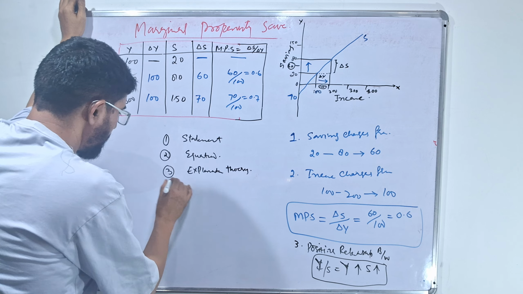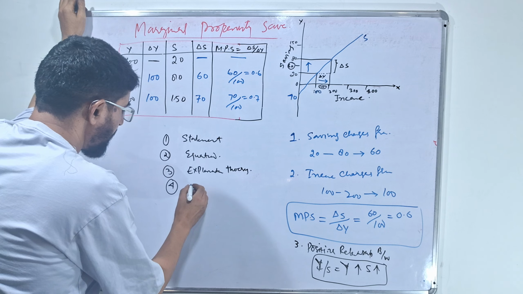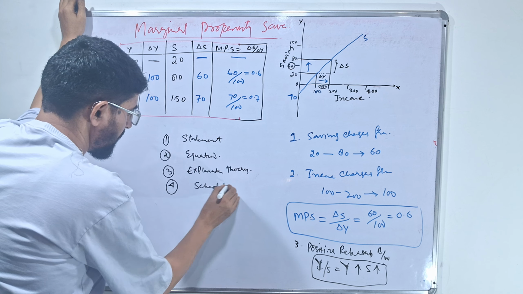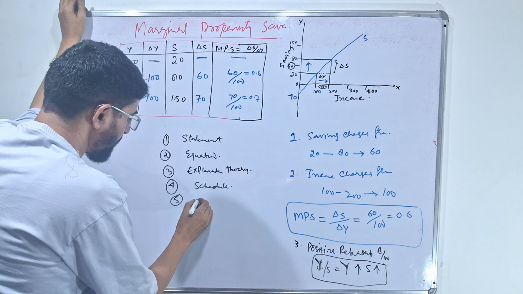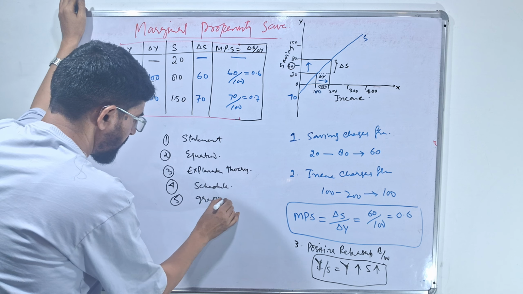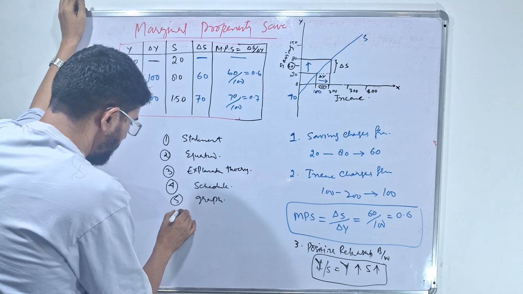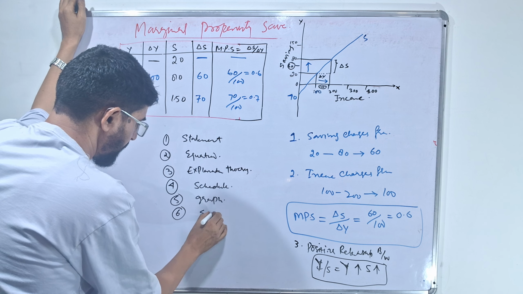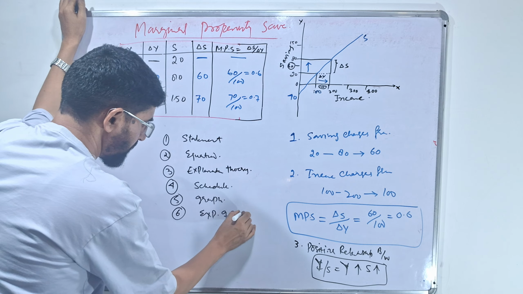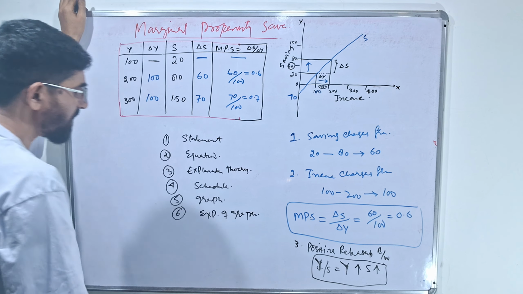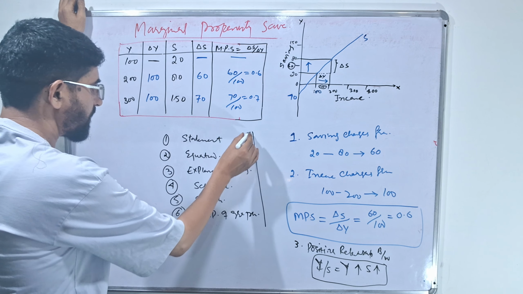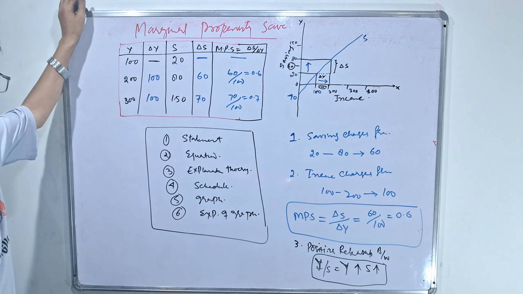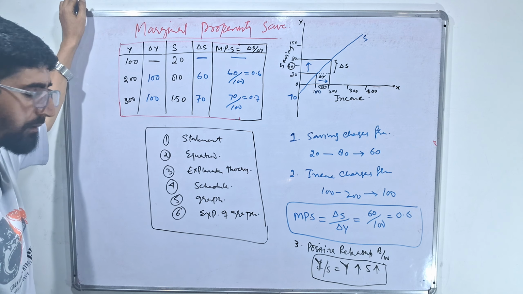Fourth, I draw the schedule. After the schedule, I draw the graph. In most of the lectures, I explain the graph in a few points. And it's the structure of our types of questions in economics, especially in class 12.